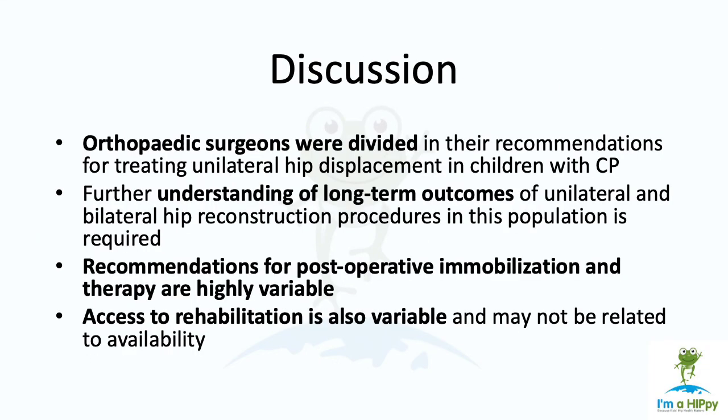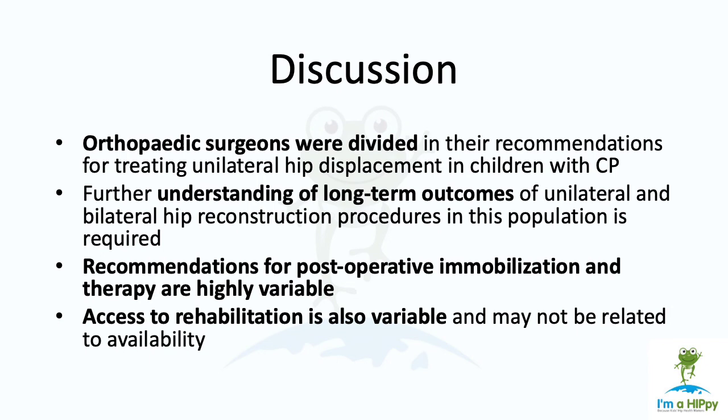So clearly, there was a divide among the orthopedic surgeons surveyed with regards to their recommendations for treating a unilateral hip displacement between a unilateral and a bilateral procedure. A greater understanding of the long-term outcomes of either of these surgical approaches is certainly needed to guide practice for surgeons.